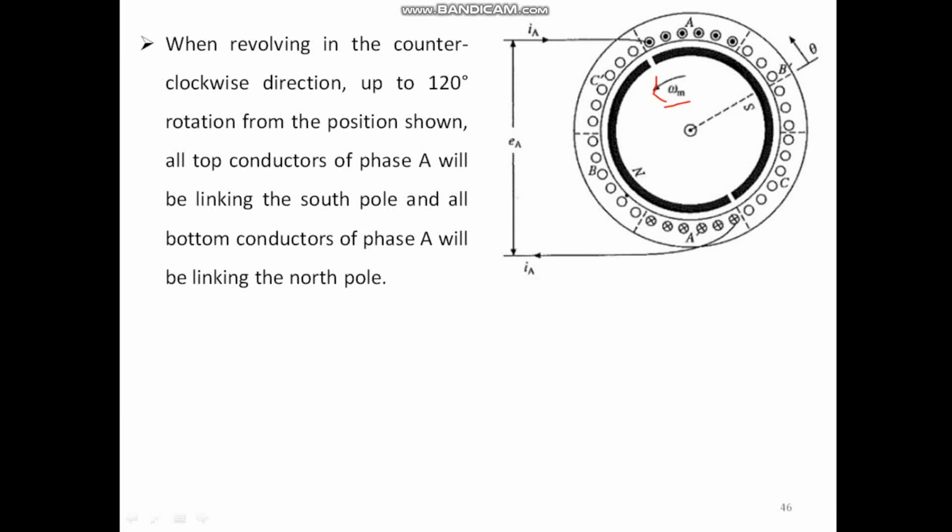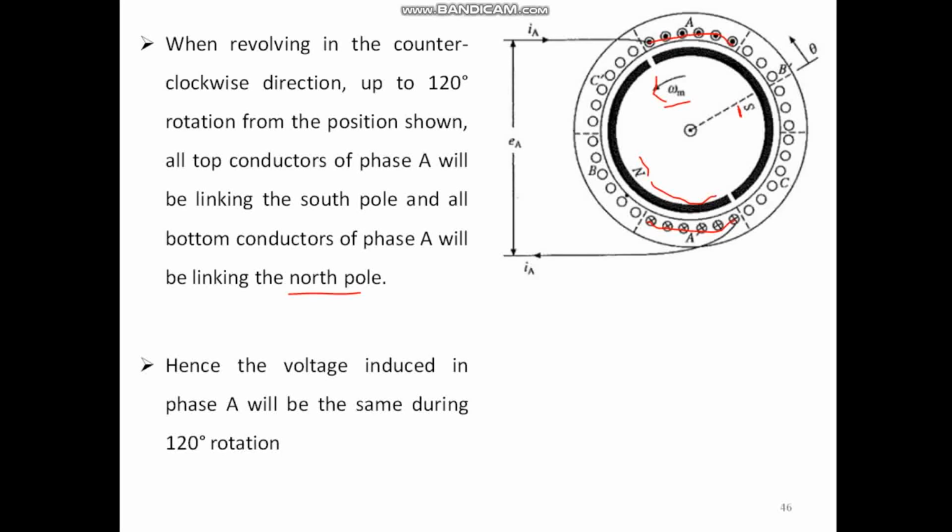You can see here, these are my top conductors of phase A which are under the influence of the south pole. However, the conductor has another end, and these are the bottom conductors of phase A, which are coming under this pole, which is my north pole. Hence the voltage induced in phase A will be the same during 120 degree rotation.